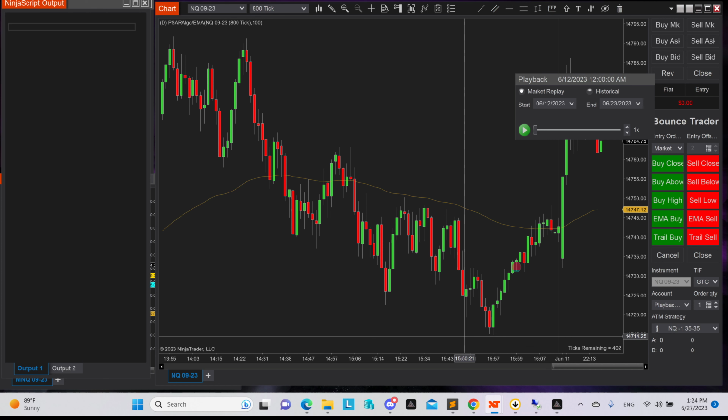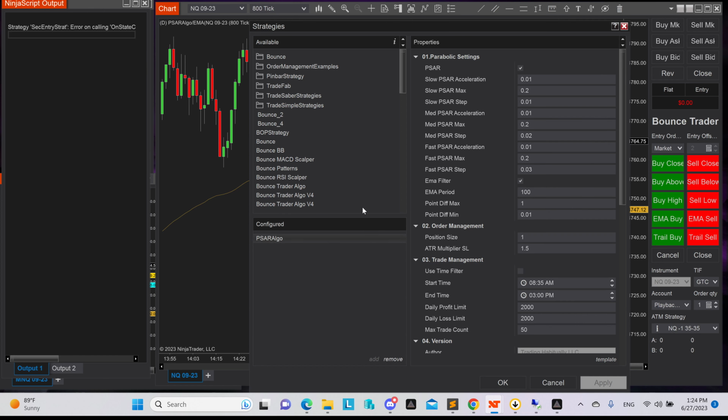And the way it works, let me just open up the settings. Basically, it takes 3 SARs right here. These are the default settings for 3 SARs, and I don't have that EMA filter.